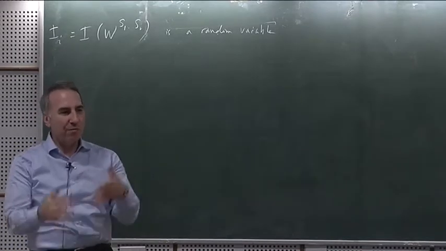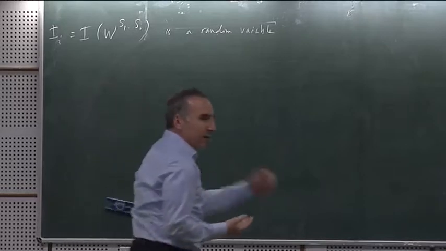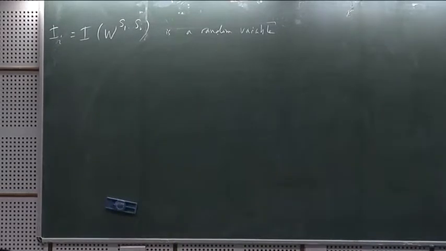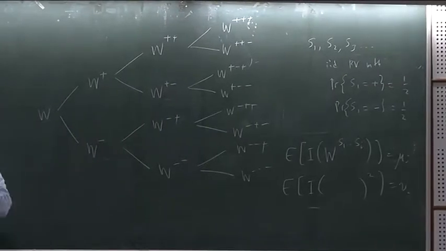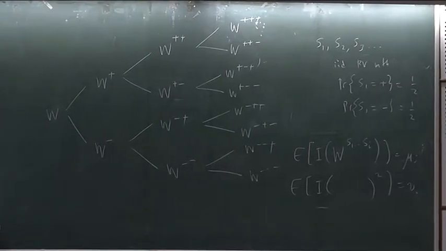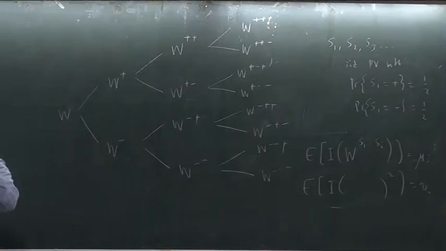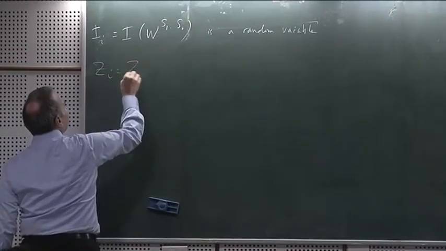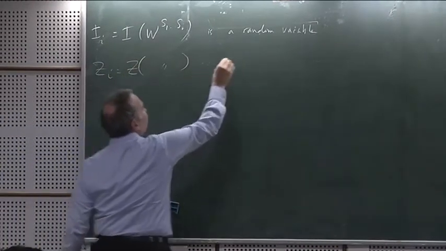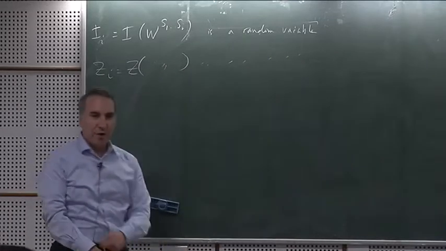So the I0 is a constant. I0 is with probability 1 equal to the I of W. Okay. There's no plus or minus signs on it. I0 is a constant. I1 takes on 2 possible values, I of W plus or W minus, and so forth. Okay. Similarly, I could have defined, let's say, Zi to be the Z parameter of the same thing. There's also a random variable like that.